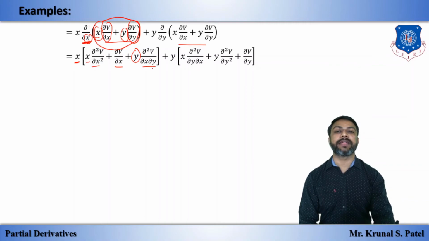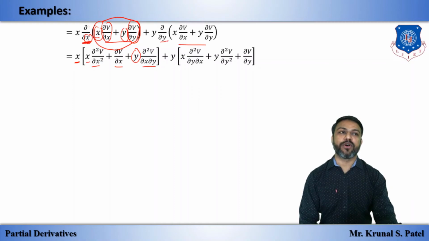Okay, the same concept we will apply with respect to y. That means y is constant, and if we differentiate partially with respect to y, this x is constant, and differentiation of del V by del x with respect to y gives del square V by del y del x, plus y into del V by del y gives the product rule because we are differentiating this time with respect to y.